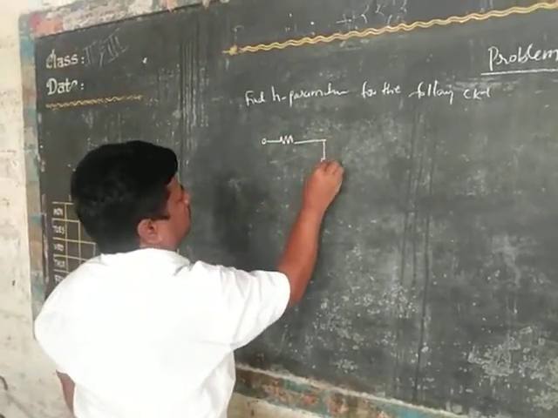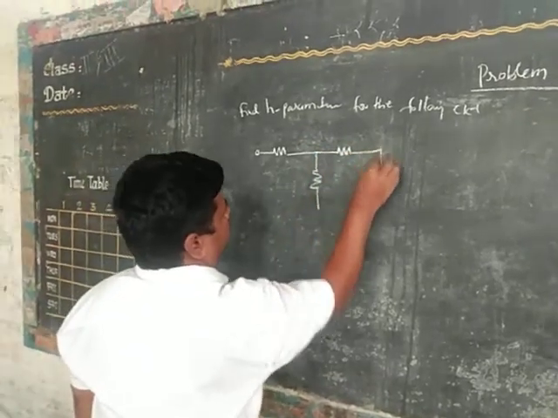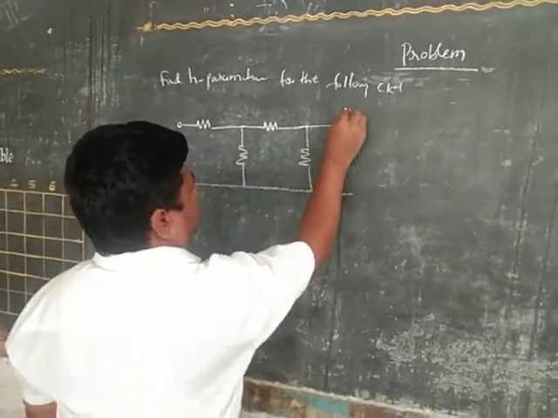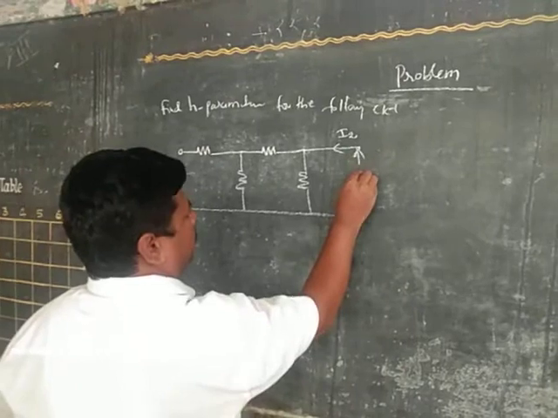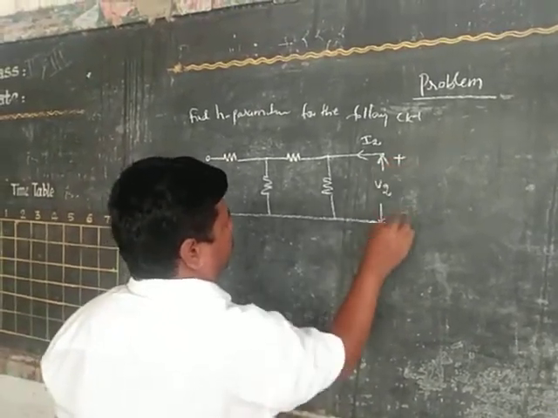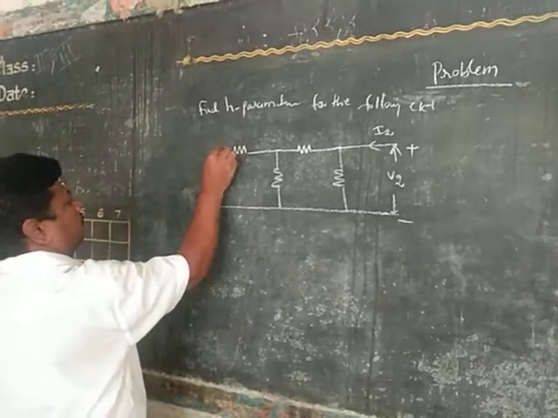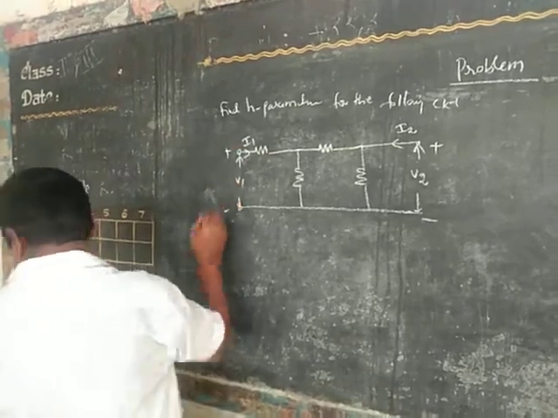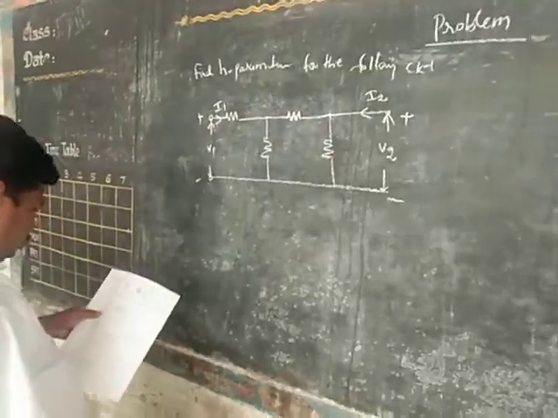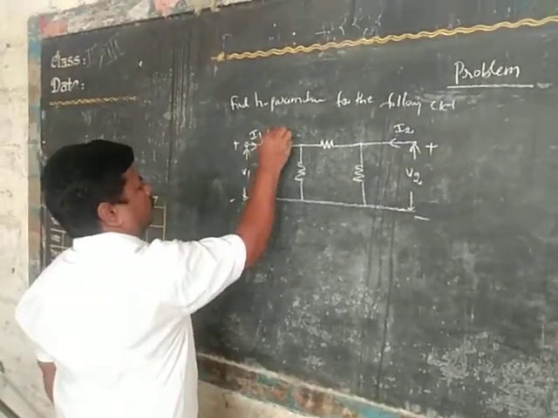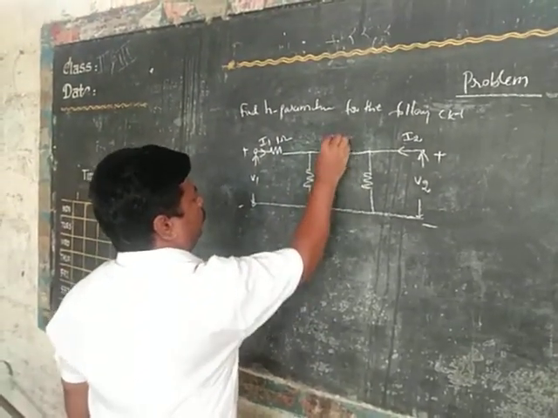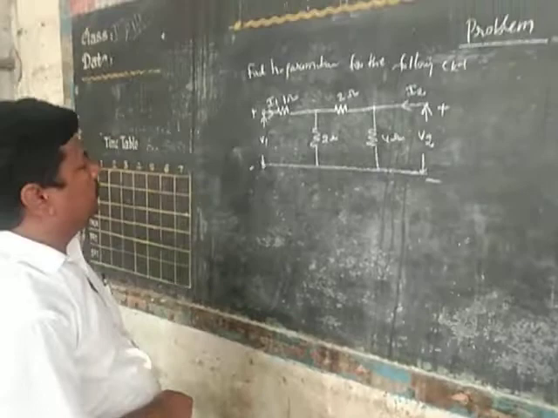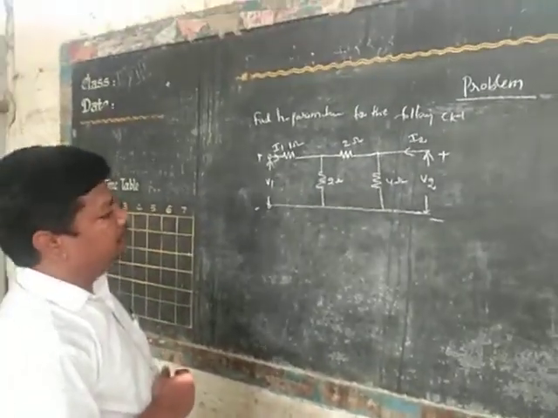The circuit consists of resistors of 1 ohm, 2 ohm, 2 ohm. This is the given circuit. For this circuit, find out the H parameters.